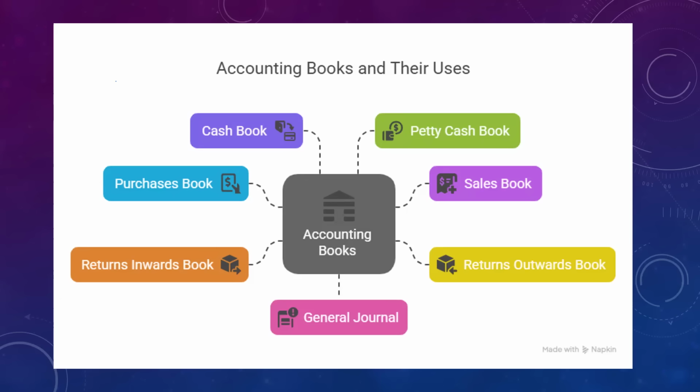Return inwards. Goods returned to the business. All right. Return outwards. Goods returned to the suppliers. Good. And the general journal. All personal accounts. Not all personal accounts. All other transactions not recorded in the first 6.